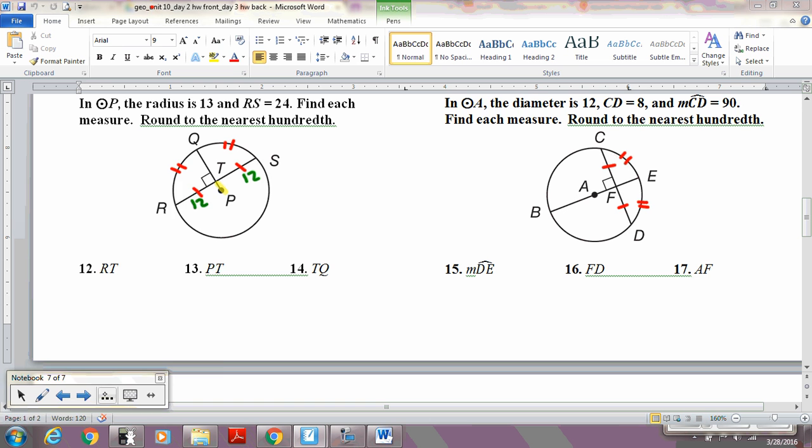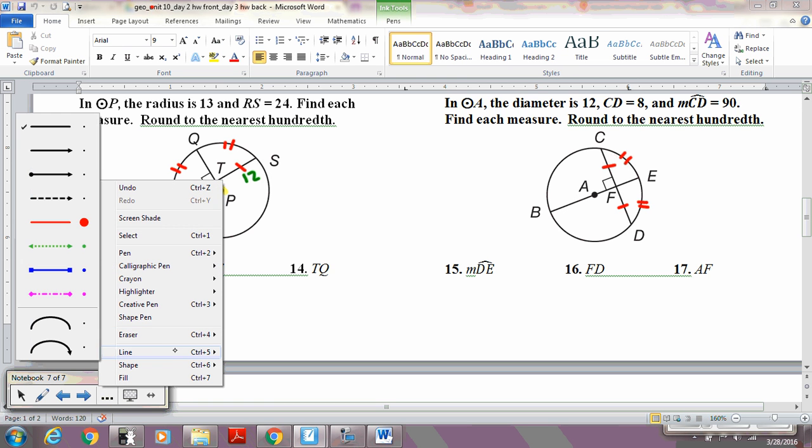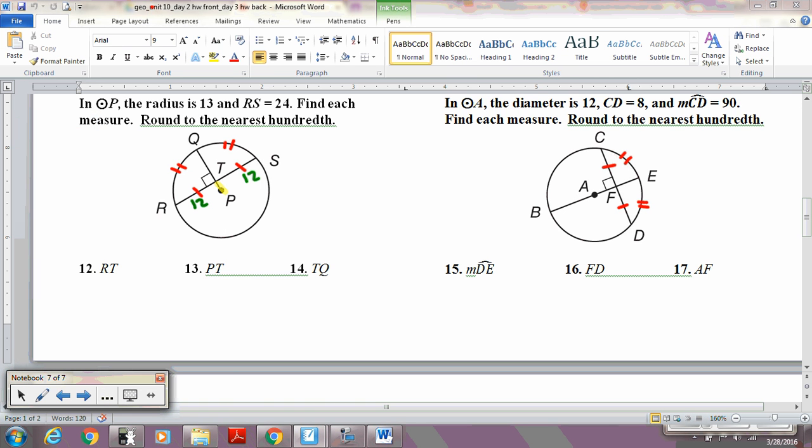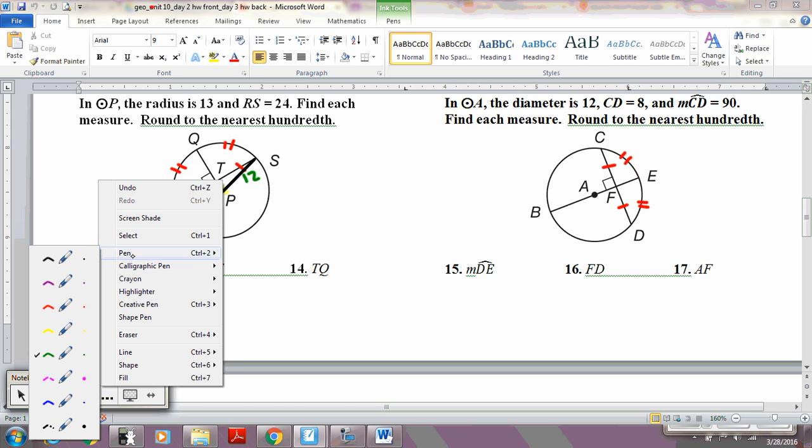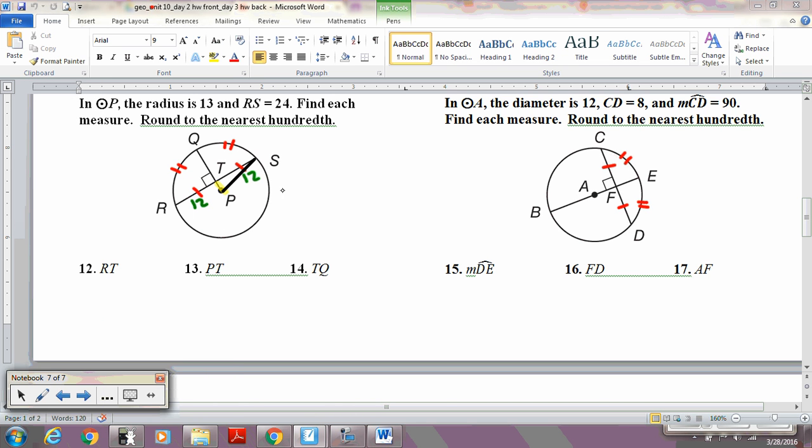So to find PT, what you would need to do is draw another radius on the circle, preferably PR or PS. And you're going to use that right triangle to find PT. Let me make it a little clearer and isolate the triangle. But this is essentially what's going on.